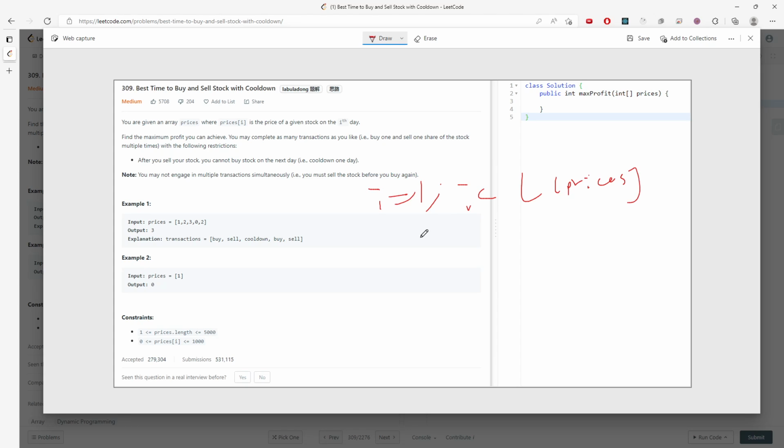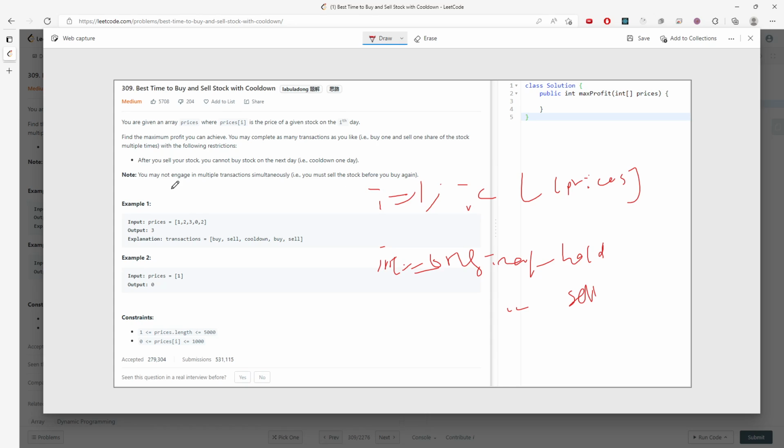And then you will need two variables to store your previous holding and selling. So I'm going to call them original hold and original sell. I'm going to use these two variables to update my current transaction. Again, these are ints.